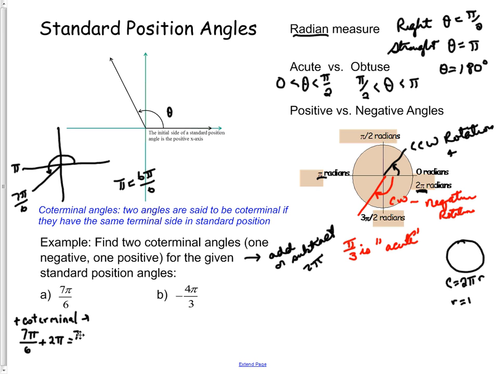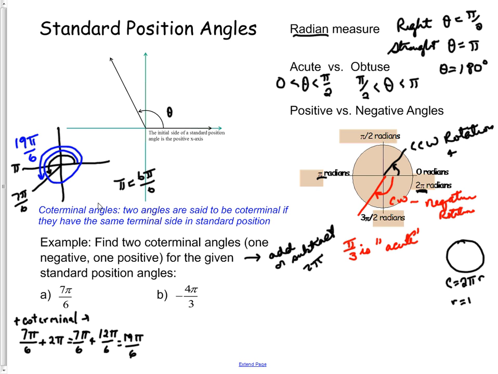So I'm going to take 7 pi over 6 and add 12 pi over 6, and that's going to give me 19 pi over 6, my coterminal positive angle. So as if I were to take my standard position angle, rotate to the 7 pi over 6 position, and then rotate around 2 pi radians more to get me to the angle 19 pi over 6. There it is, 19 pi over 6.